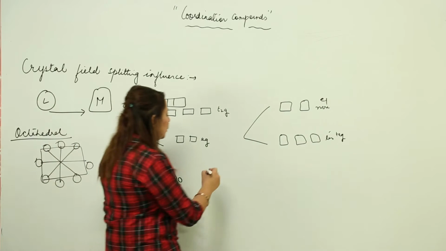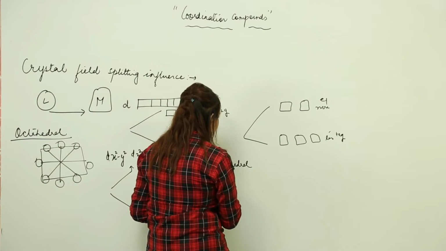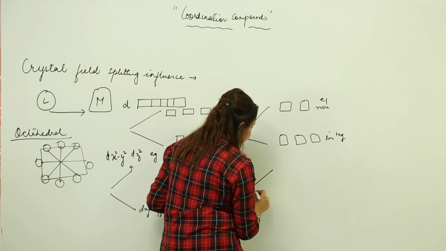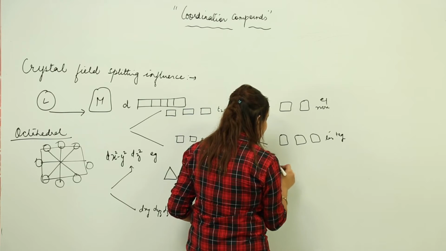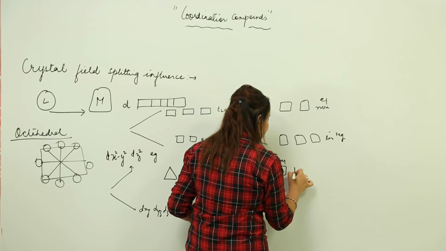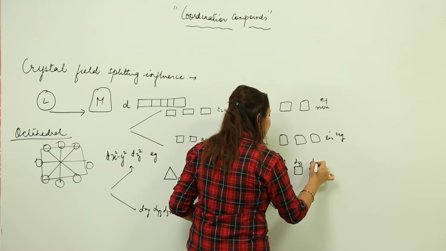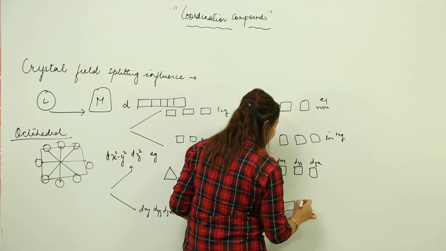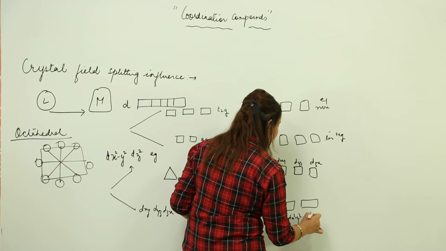Now if we talk about tetrahedral shapes, the energy of T2g, that is dxy, dyz, dzx, is more, depending upon the side from where the ligand enters, as compared to the energy of dx square minus y square and dz square.